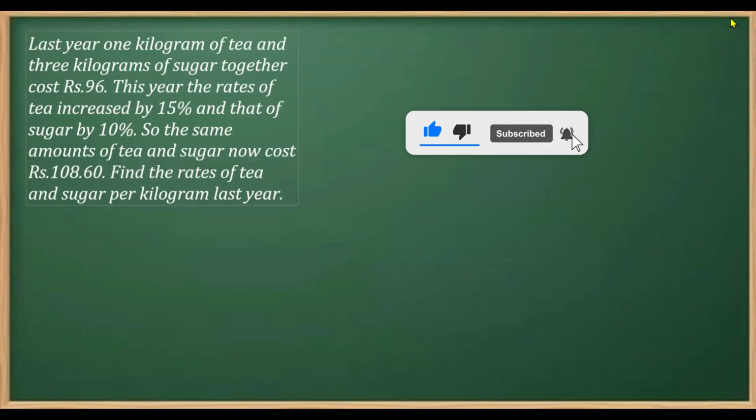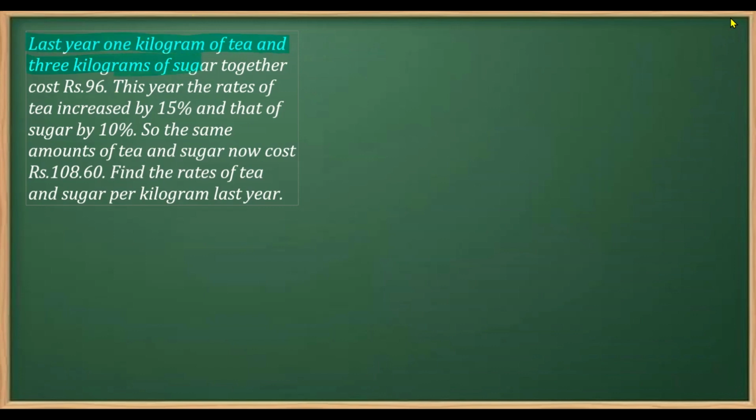Similar to the previous question, it says last year 1 kg of tea and 3 kg of sugar cost rupees 96. This year the rates have increased by 15% on tea and 10% on sugar.